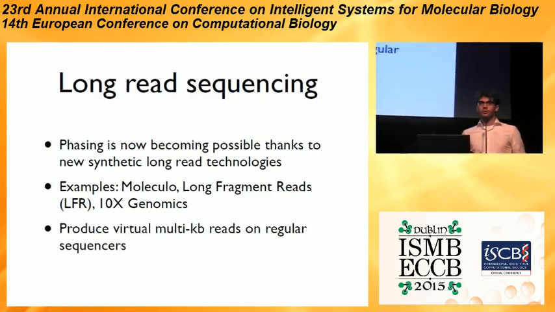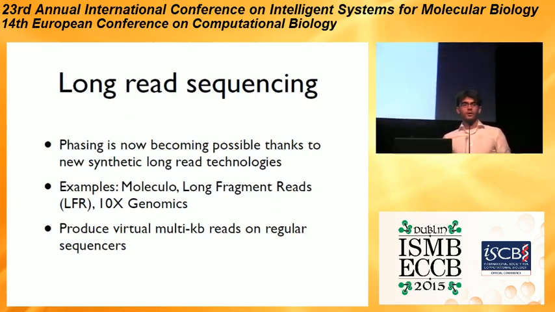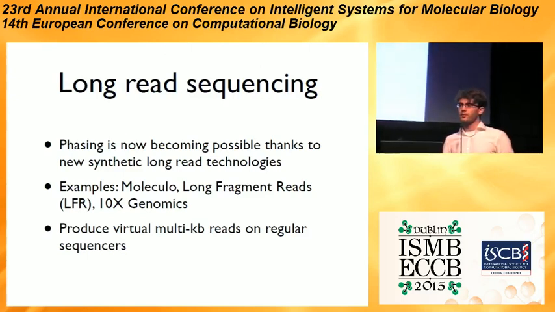And what Moleculo proposed was a protocol for producing long, accurate, and affordable reads on standard Illumina sequencers via a pre-processing step. And later, several other companies launched similar offerings. Most recently, 10x Genomics is one such company. I will focus here on Moleculo, but the algorithms that I will propose hold in principle for any of these technologies.